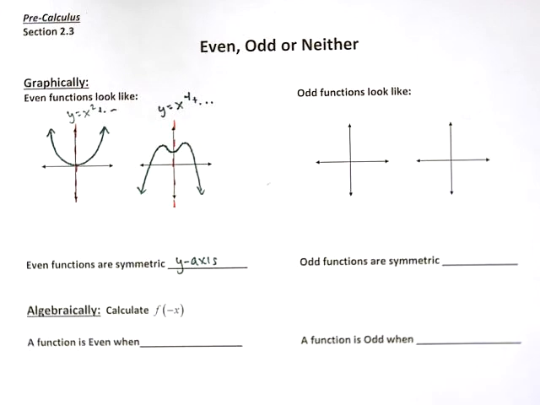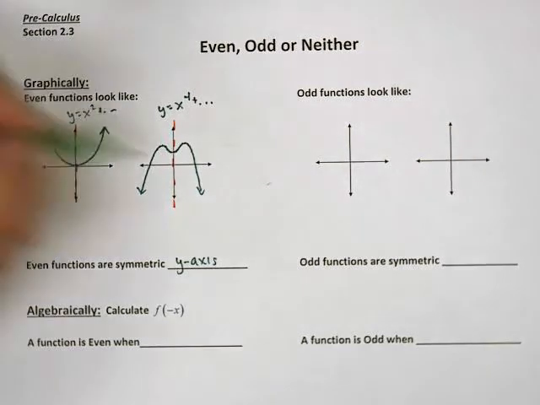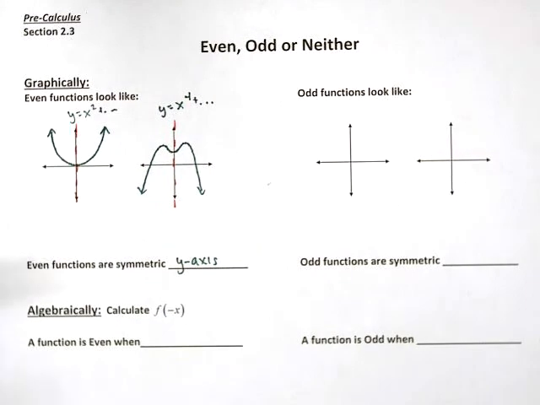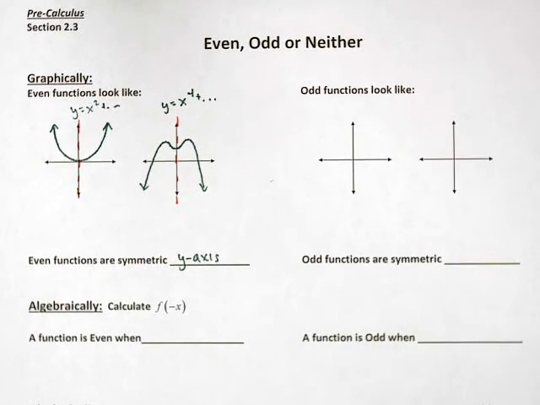So now that is a test that you can use to determine if a function is even or not. Just be very careful. I mean, things can be moved to the left, right, even just a tiny little bit, and what happens? That throws it off completely. So we're going to get into algebraically, and that's going to be a better bet for figuring out if something is even or not.